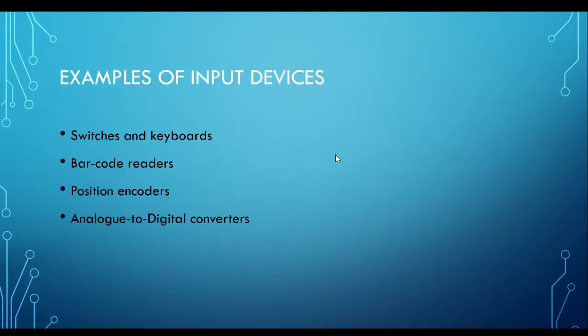Now, what are the input devices that we can think of? These are a few examples. This is probably from the earlier courses, your connection with all these kinds of embedded systems. This is probably one of the earlier units.